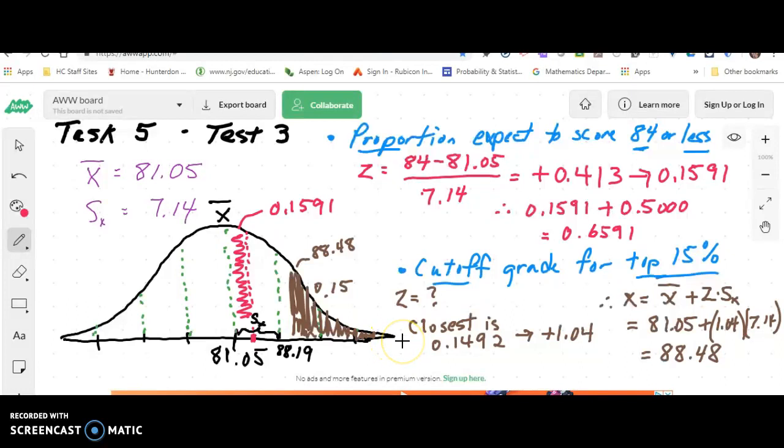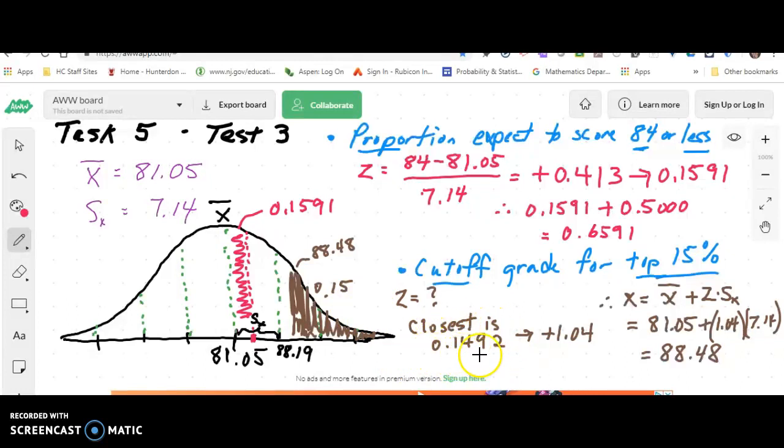So I have to use the table in the back in reverse. I have to go down the column that shows an area from a value towards the tail, which is column C, and I have to find a value that's closest to 0.15. I go all the way down the line and I find this one here, 0.1492.